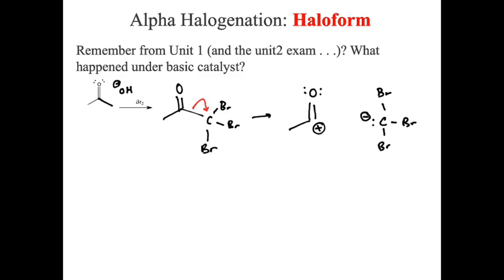Why else would it not just leave? Why didn't it just go back? Why would it go back? I think you're getting at the right idea. There's a carbocation. That's not particularly stable, right? How could we help stabilize the formation of that carbocation?